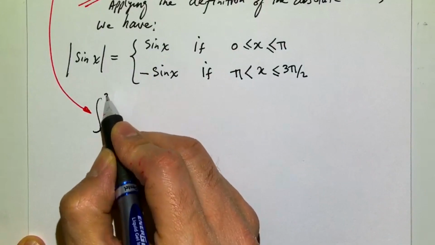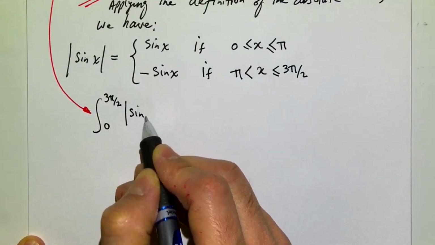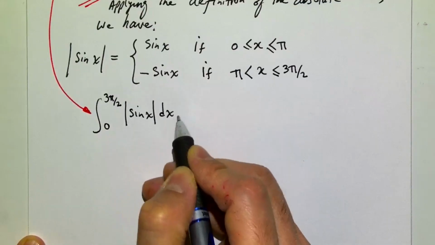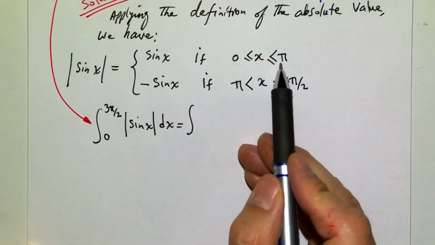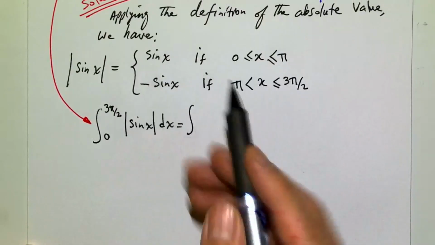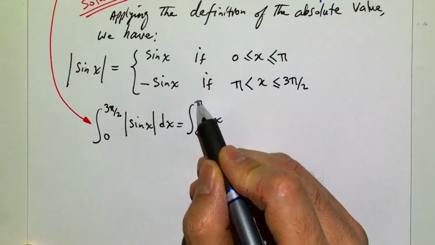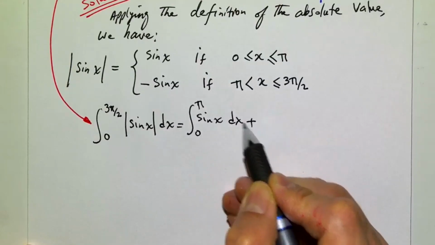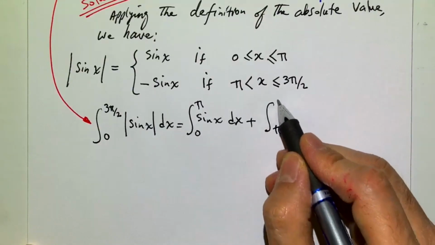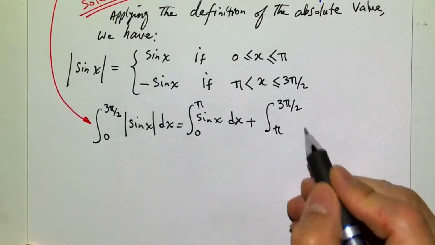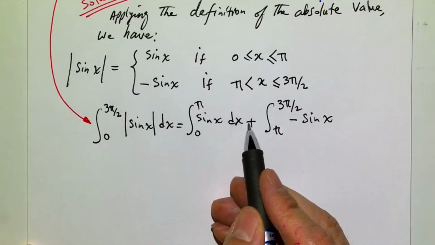Integral from 0 to 3 pi over 2 of absolute value of sine of x dx is equal to integral from 0 to pi of sine of x dx plus integral from pi to 3 pi over 2 of minus sine of x. And I could put this minus up front too.